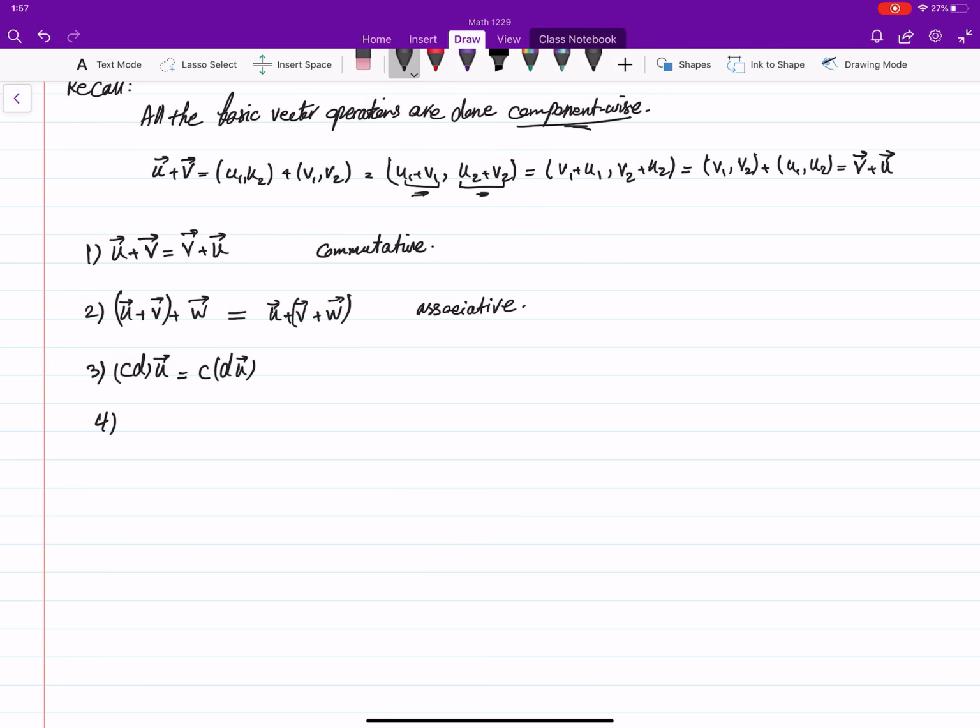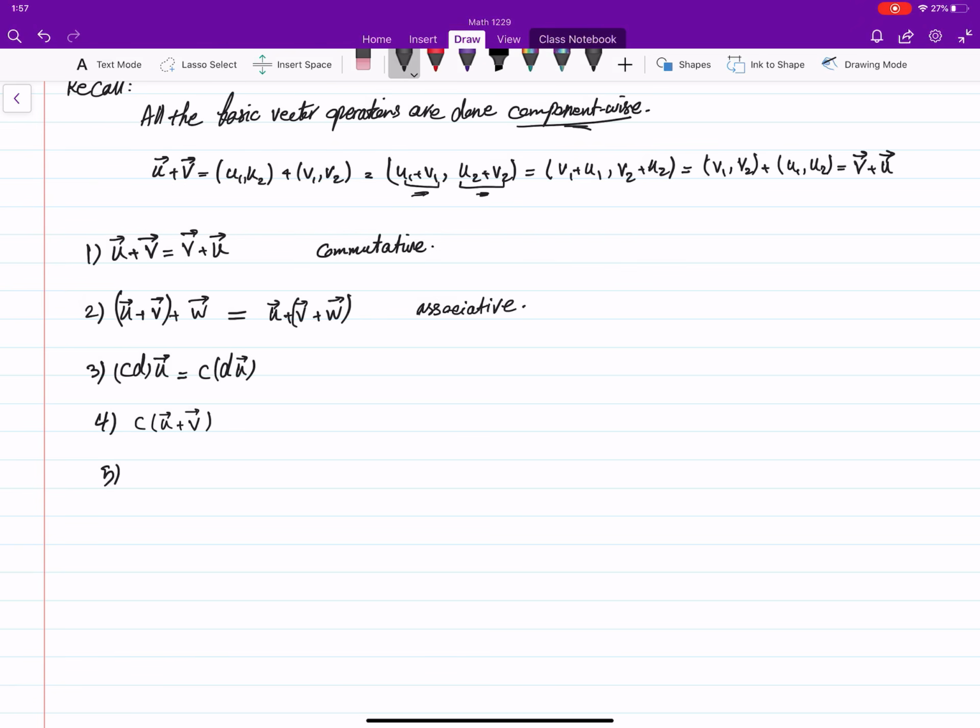The fourth and fifth one are a nice one also. It says that the vector addition and multiplication take care of each other when it comes to distributing the addition over the multiplication. Let me show you what I mean. So if you have a scalar number, then you want to multiply it to vector addition.